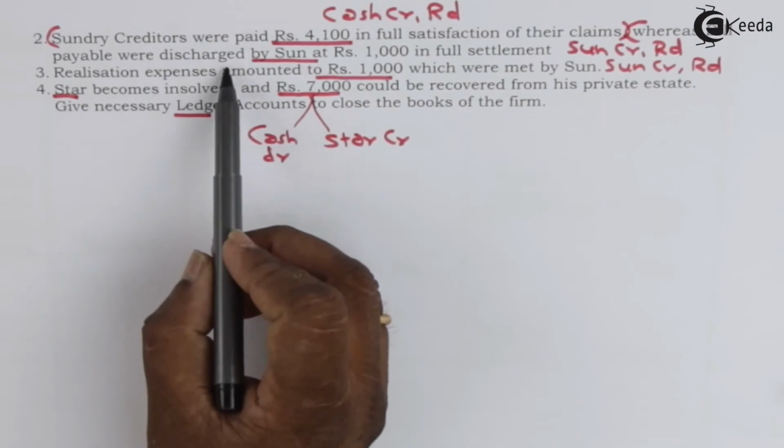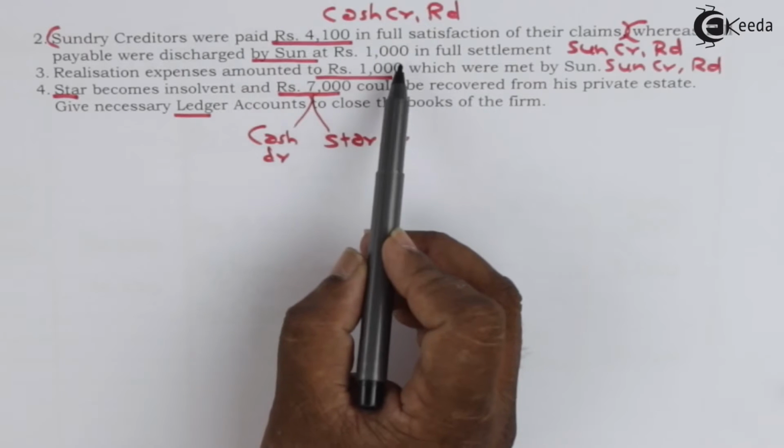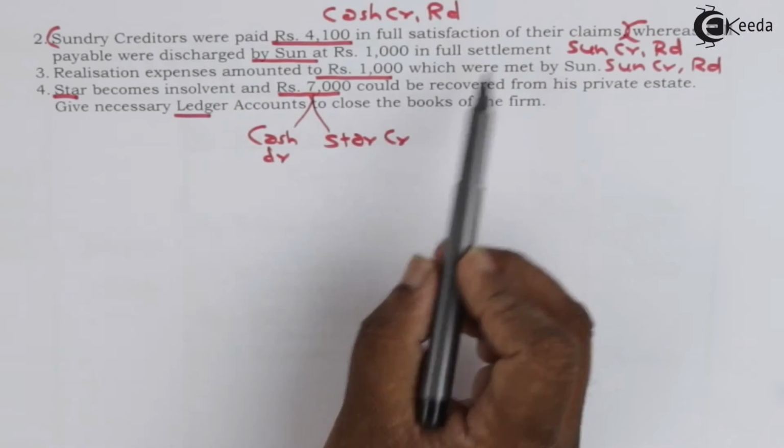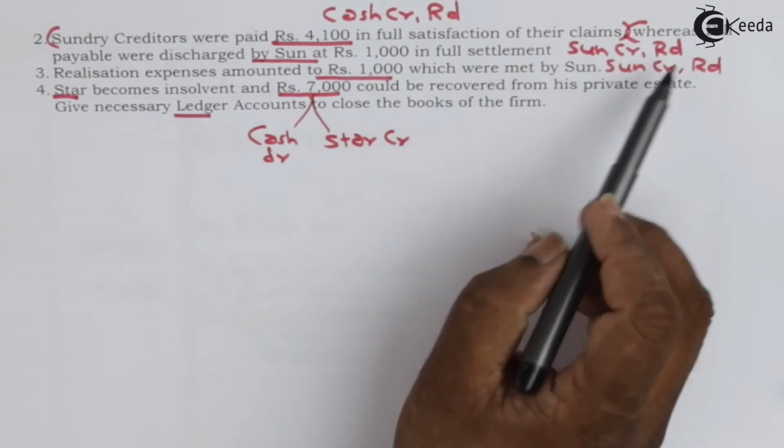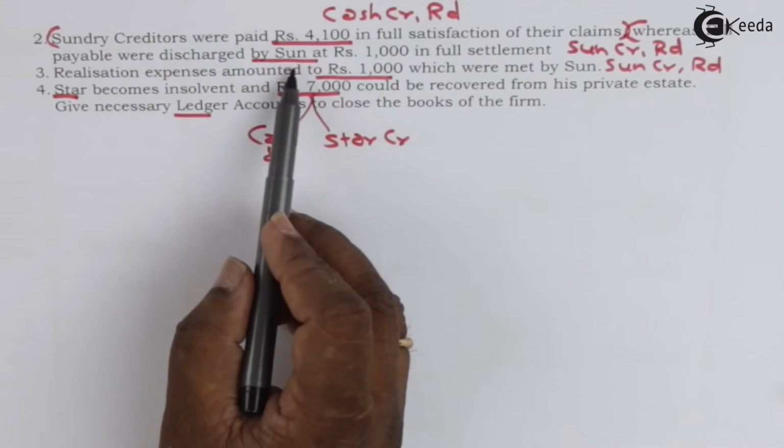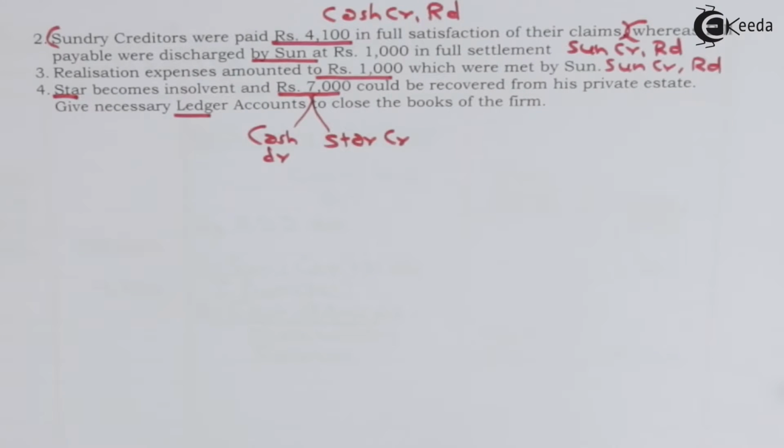Bills payable were discharged by Sun at rupees 1,000 in full settlement. That means the liability bills payable is taken over by Sun. This will be credited to Sun's capital account and debited to realization account.